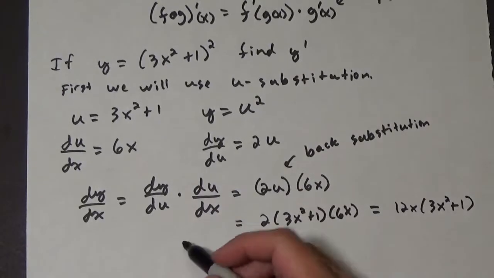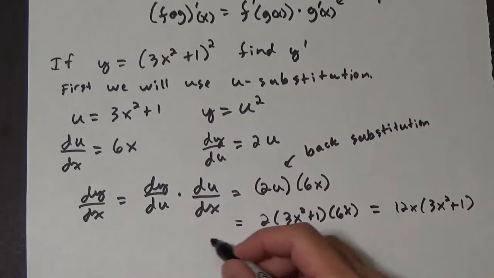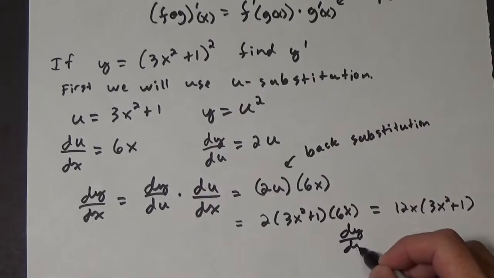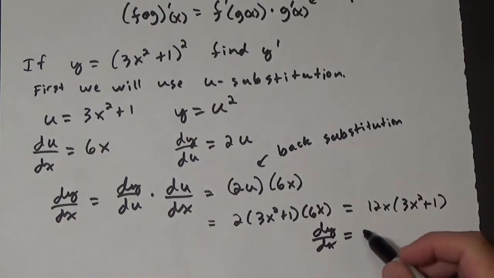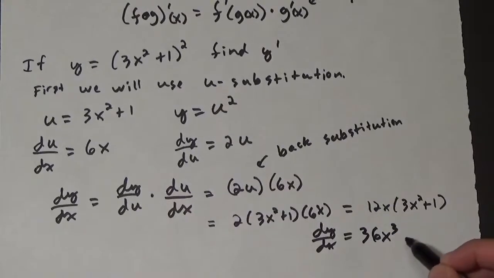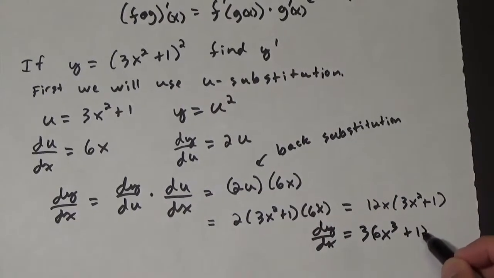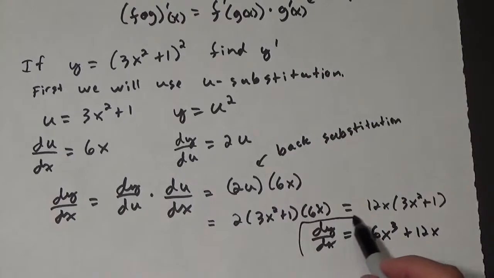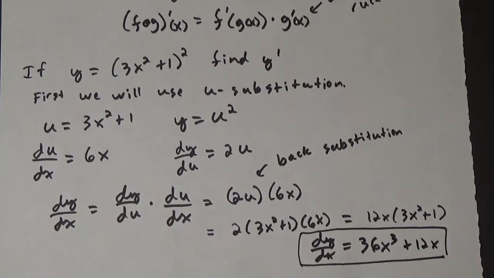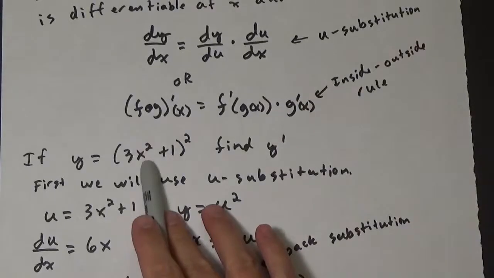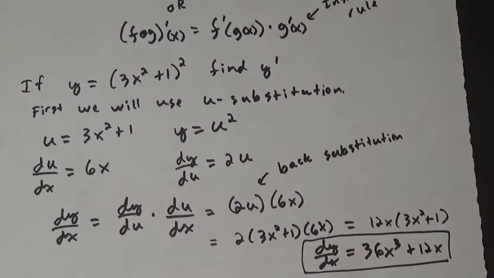And so our dy dx ends up being 12x times 3x squared is 36x cubed plus 12x. And there is our derivative. Alright, so we were able to find the derivative of this composite function by using u substitution.